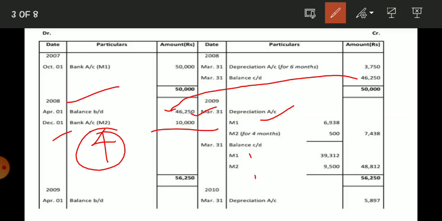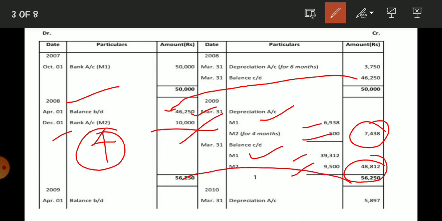So here is 6,938 and 500 for 10,000, only 4-month depreciation. So this is the total amount of depreciation, and balance CD will be 39,312 for first machinery and 9,500 for second machinery. This balance is transferred to balance BD.